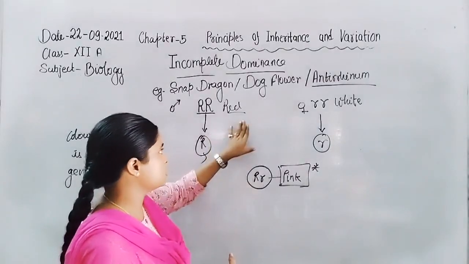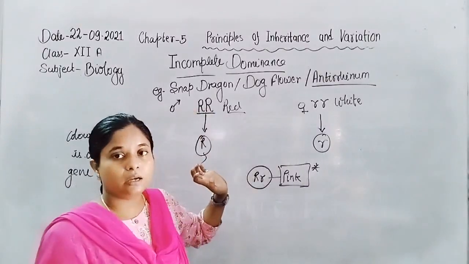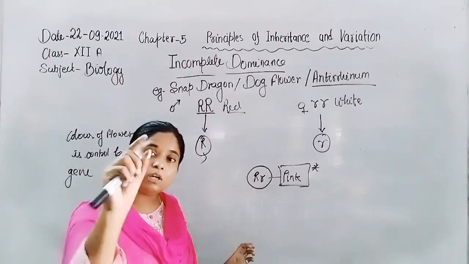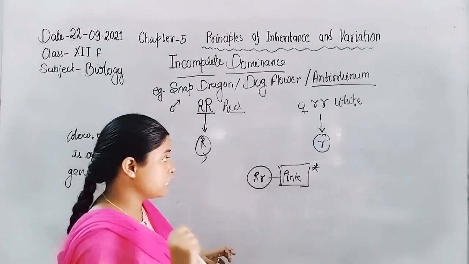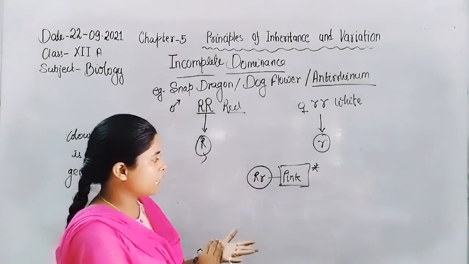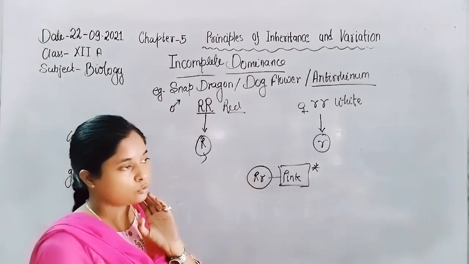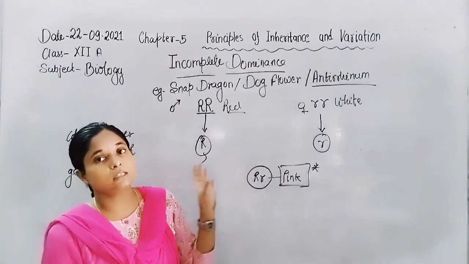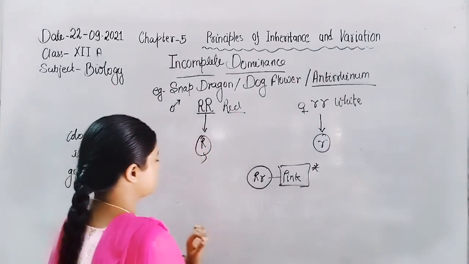If the plant with both R synthesizes 10 units of enzyme, that makes the flower more red in color. But if only a single R is present, only that single R will transcribe to synthesize the color producing enzyme. That's why only 5 units, just half of the enzyme, will be synthesized in the presence of only a single R. So the plant shows only half the characteristic of the dominant plant, not the complete one. That's why the term incomplete dominance arises from this characteristic of the plant.